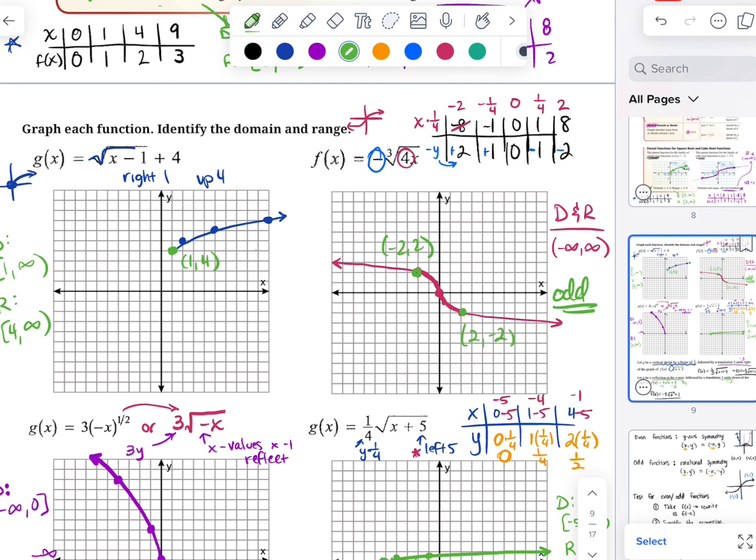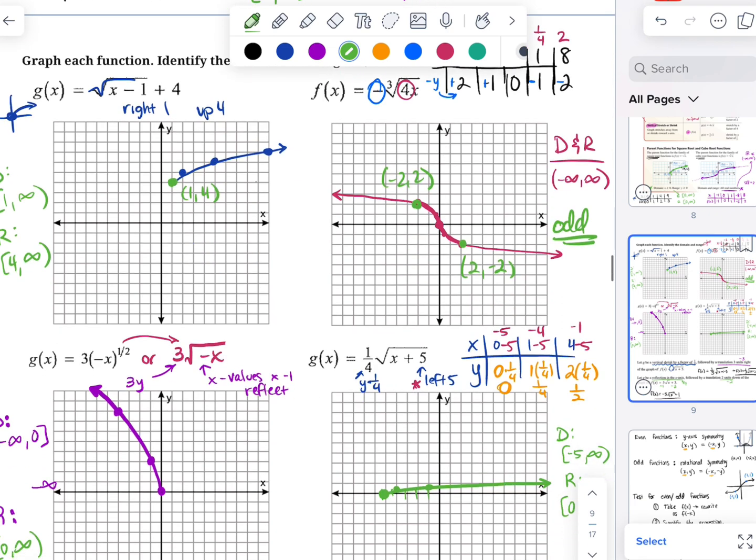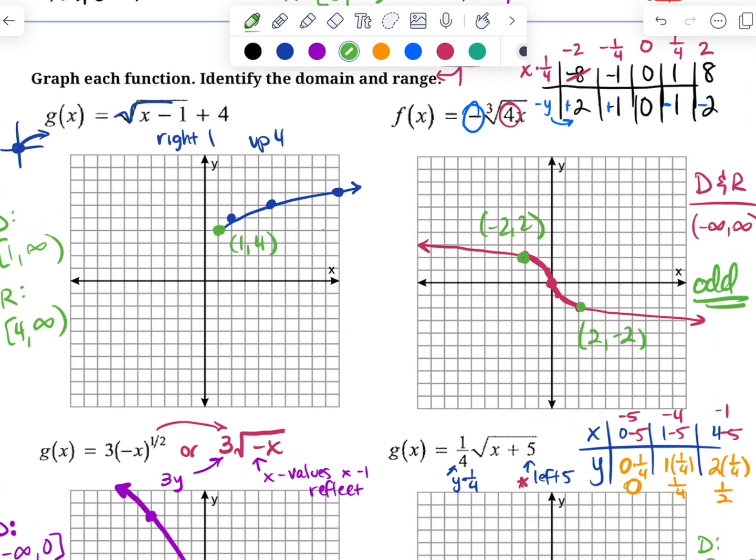Those are opposite points, so that is an odd function, okay? Our square root functions, that's not going to be possible because we only have a partial piece of the graph. If we had maybe a quadratic, we might be able to find some even functions, but they will be a neither situation.